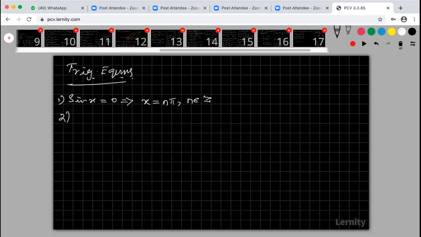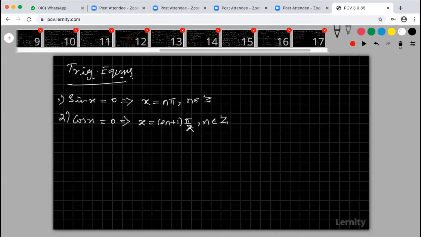What about cos x is equal to 0? cos x is equal to 0 means x is equal to (2n plus 1) pi by 2, that is, odd multiples of pi by 2, where n belongs to Z.